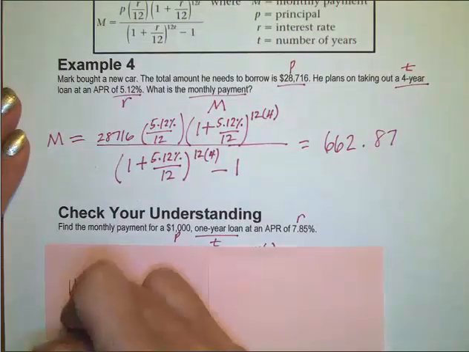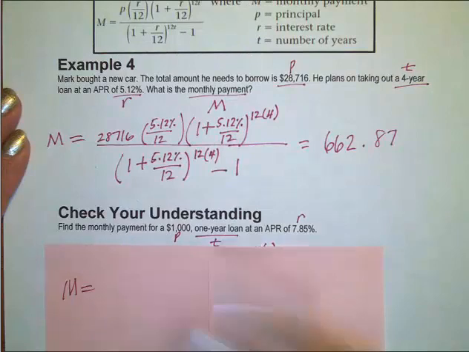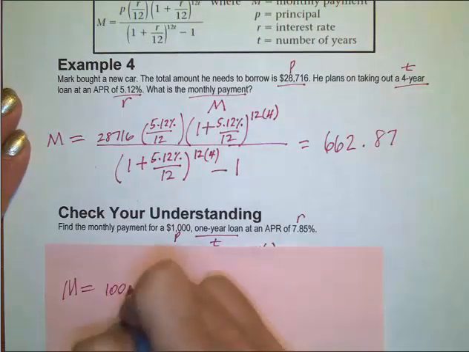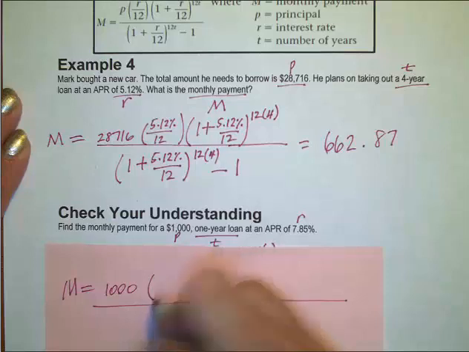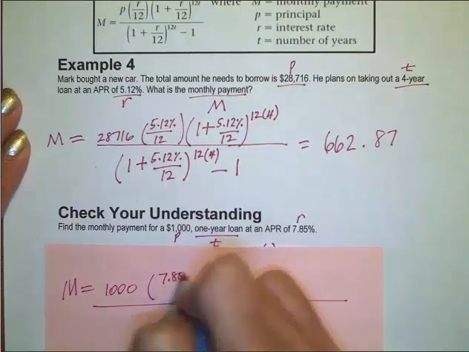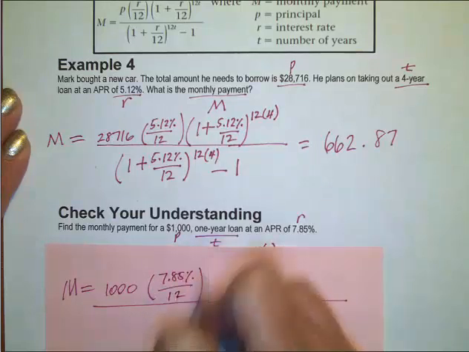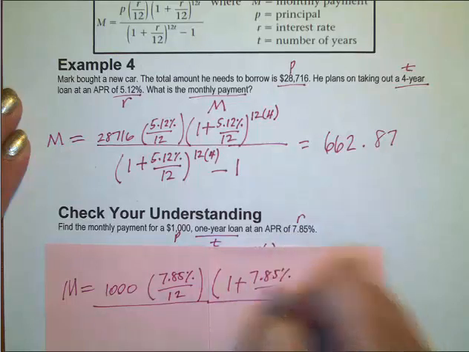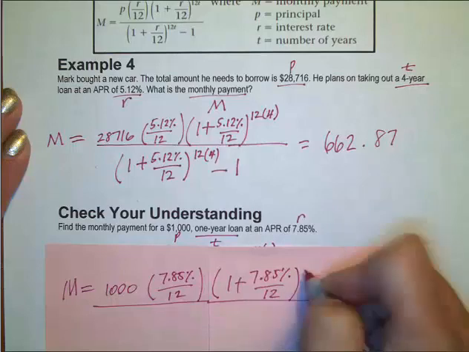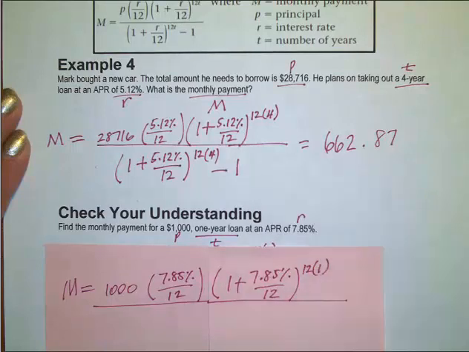So our monthly payment M equals our principal amount, which is $1,000, times our rate, which is 7.85% over 12, times 1 plus 7.85% over 12, raised to the 12 times time, which is 1.